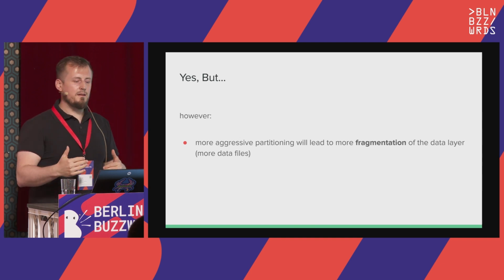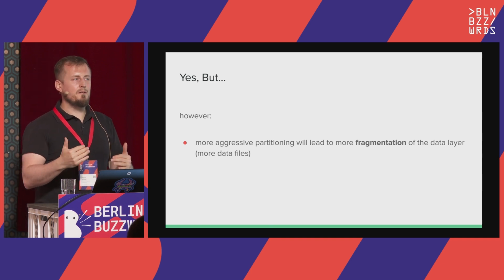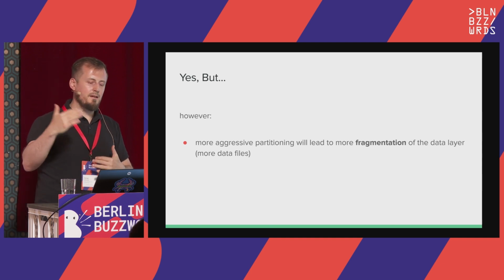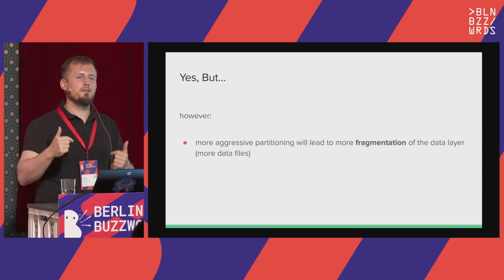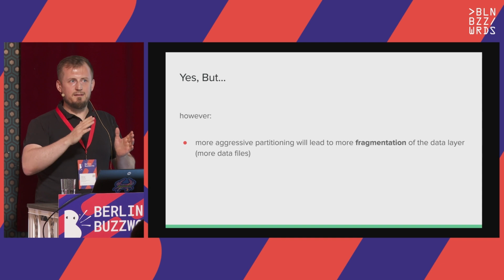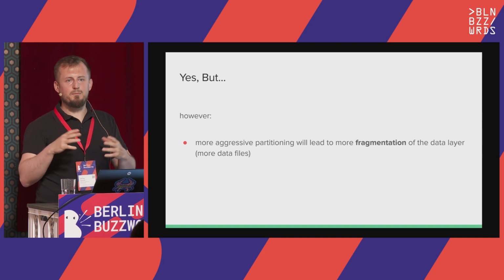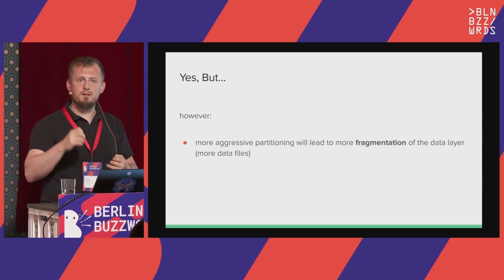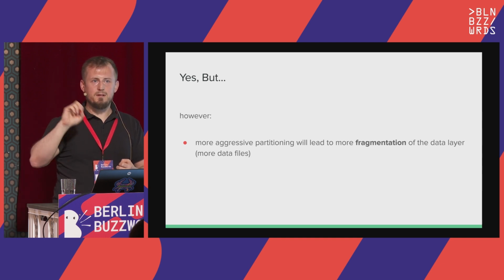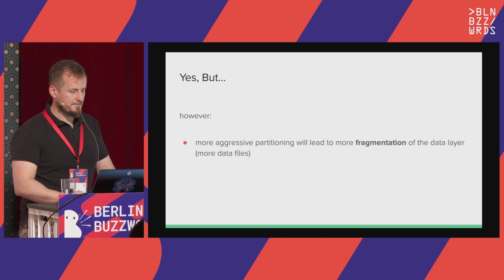Without partitioning at all, we can have a nice table with, for example, large Parquet files. But if we start partitioning, the incoming files are going to be potentially smaller, because each file can only fit one particular partition, or combination of partition values.